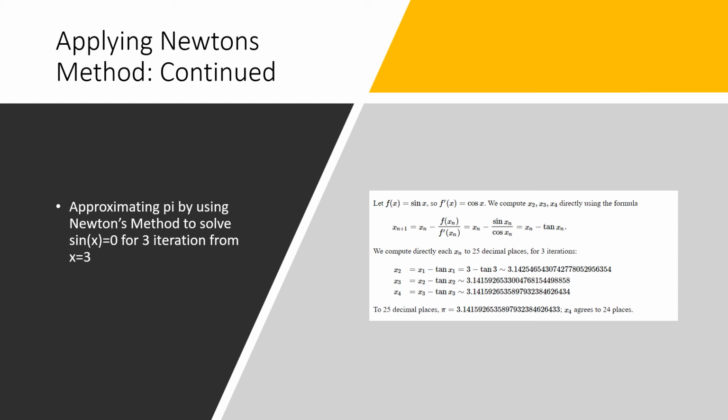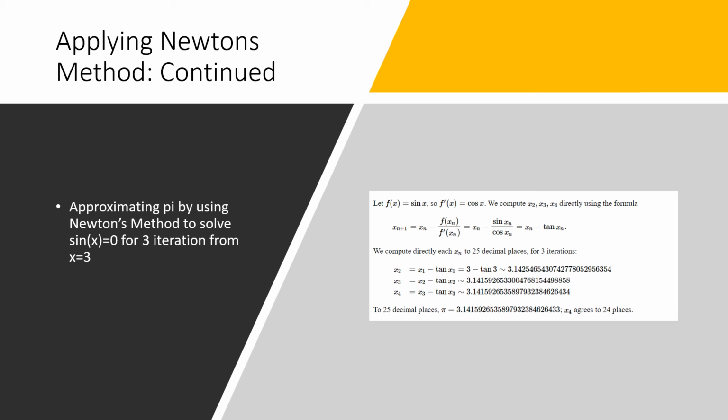We're going to do that again. x3 is equal to x2 minus tangent of x2, so it's going to be 3.145926533040047615449, and so forth. Let me do it again. x4 is equal to x3 minus tangent x3, which is going to be roughly about 3.14159265358979238462644.